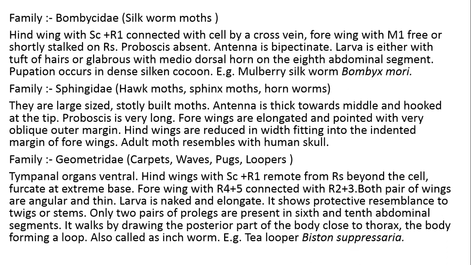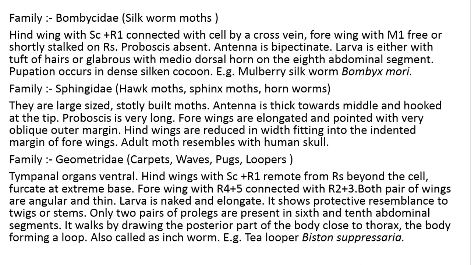Proboscis absent, antenna is bipectinate, larva is either with tuft of hairs or glabrous with mediodorsal horn on the eighth abdominal segment. Pupation occurs in dense silken cocoon. The example is the well known silk moth, that is mulberry silkworm, known as Bombyx mori.